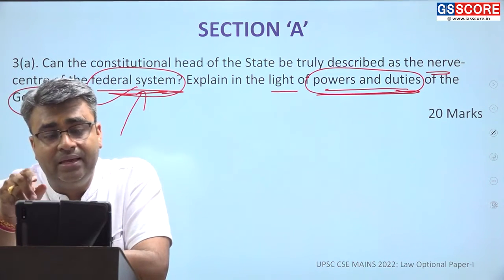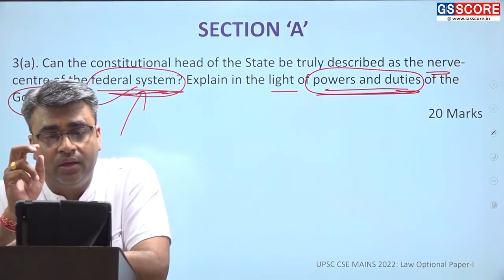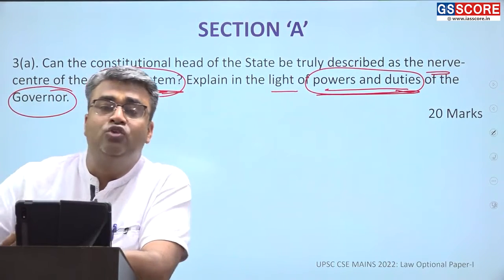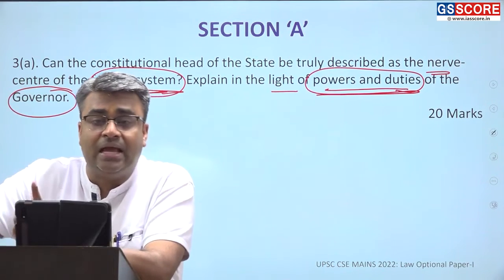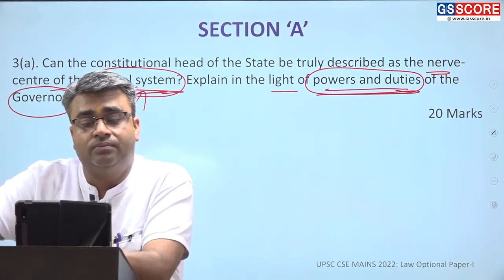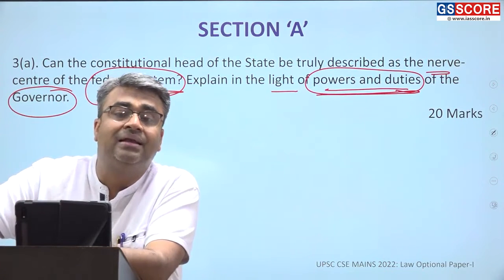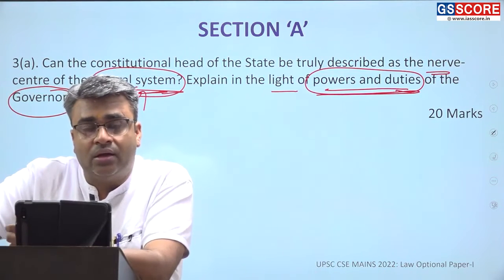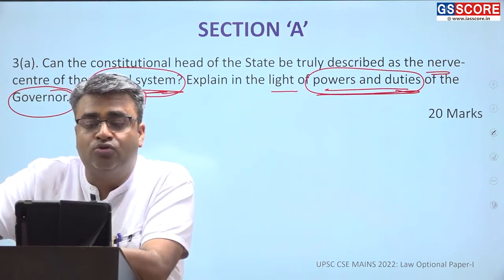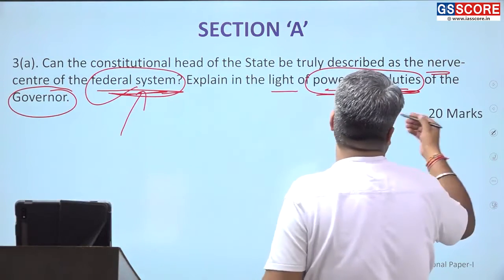So basically, as a head, as a nerve center, the governor ensures the continuance of governance in the state, even in times of constitutional crisis. His role is basically to work as a neutral arbiter in disputes. So in this way, the governor ensures that the proper constitutional mandate of the country is maintained. That is one of the main crucial points which all of you should mention.